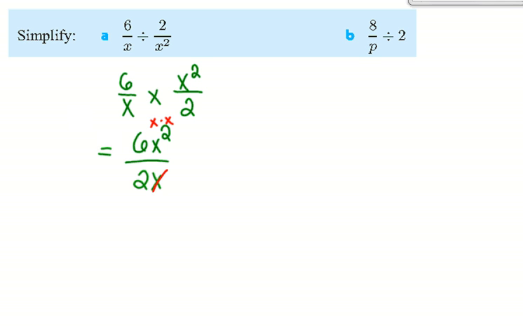So of course we can cancel an x in the denominator and an x in the numerator. We can also cancel a 2 from both of these terms. So 6 divided by 2 gives us 3, and 2 divided by 2 gives us 1. So we have 3x left, and that's over 1, or just 3x.